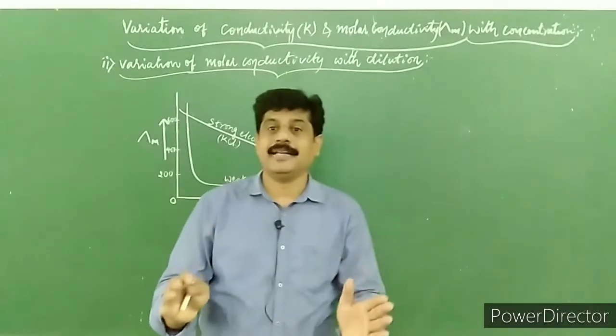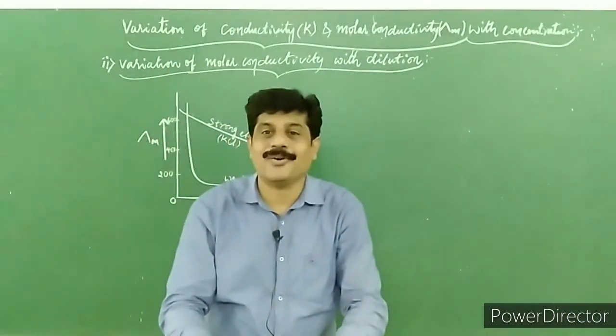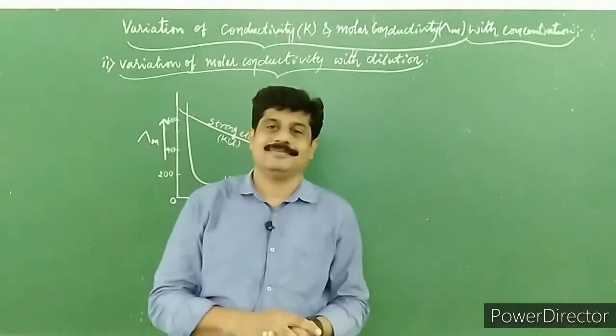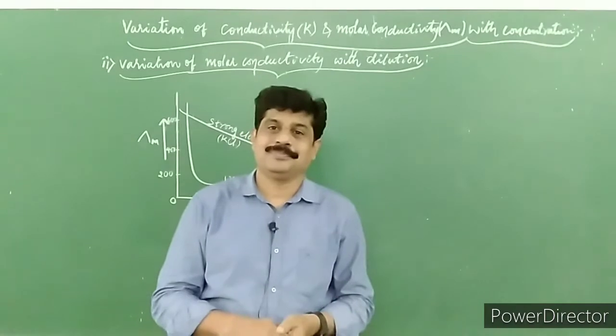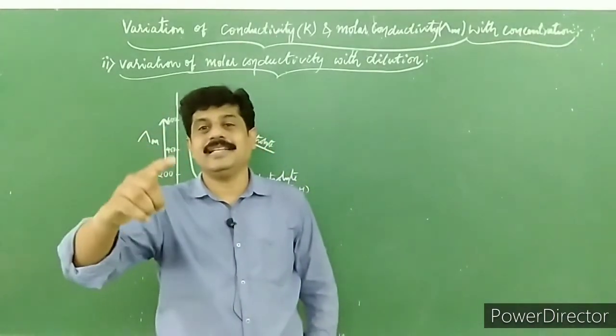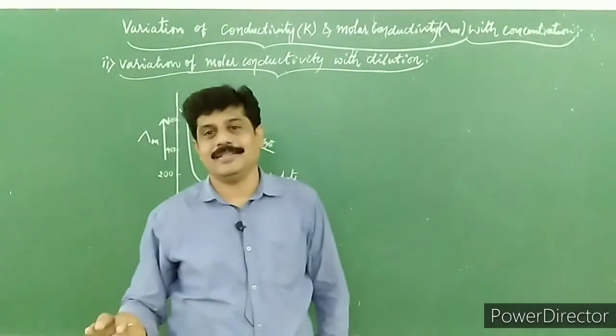Children, molar conductivity increases with a decrease in concentration of an electrolyte for both strong as well as weak electrolyte. In other words, increase in molar conductivity with dilution is seen in case of both strong electrolyte as well as weak electrolyte.